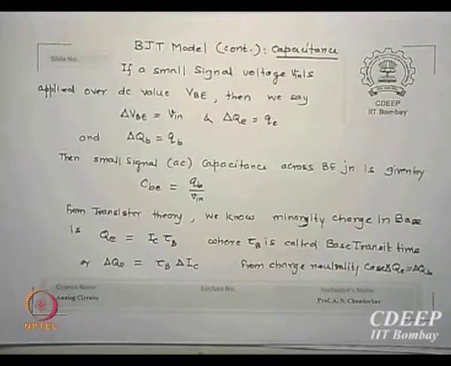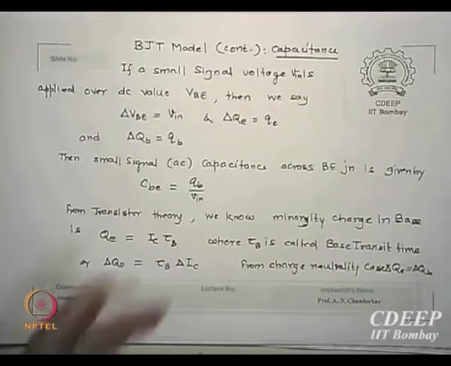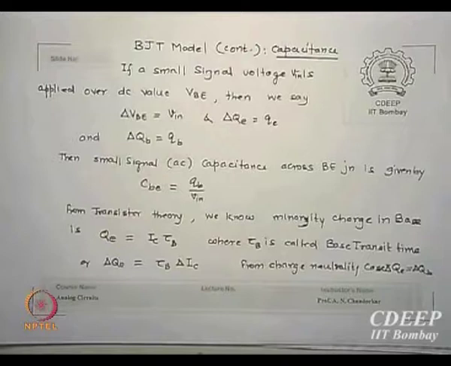In a small signal, Vn is applied as in the circuit I showed you earlier. Then delta Vb is small, again repeating, is Vn delta. Similarly, the charge which electrons will inject, the change in emitter charge, is small QE. Similarly, the change in base charge is small QB.